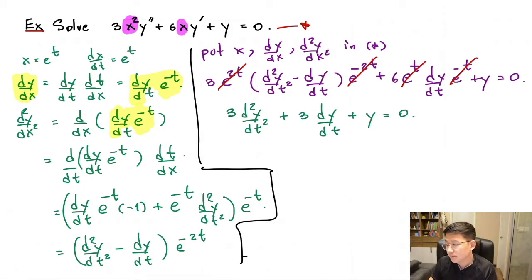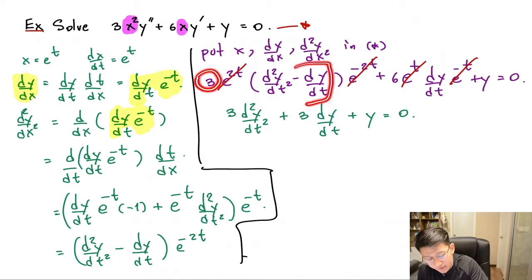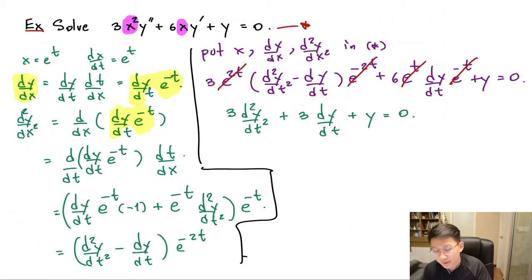Make sense? Just in case some of you got confused here: we have 3 dy by dt minus 3 dy by dt, and then 6 dy by dt, so we have 3 dy by dt.